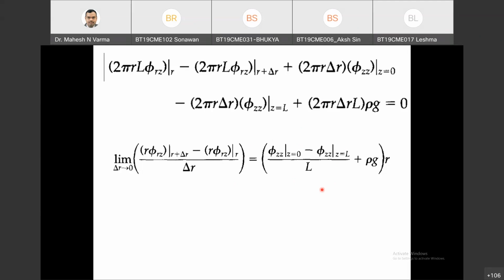Divide the equation by 2 pi L into delta R, multiplied by -1, and rearrange the equation. So you should be able to get this equation. Anybody not getting this equation?